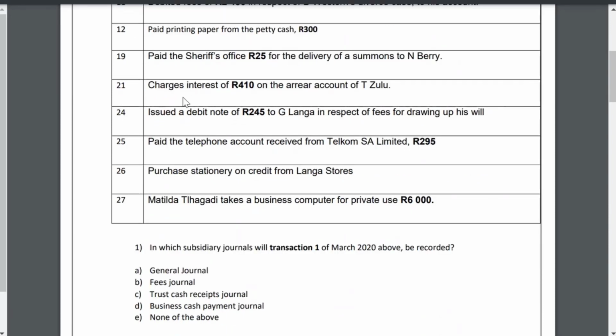Transaction number 21: charges interest of 410 on the arrears account of T Zulu.